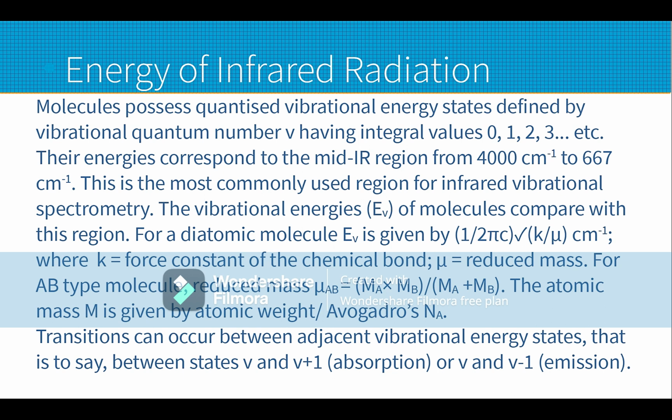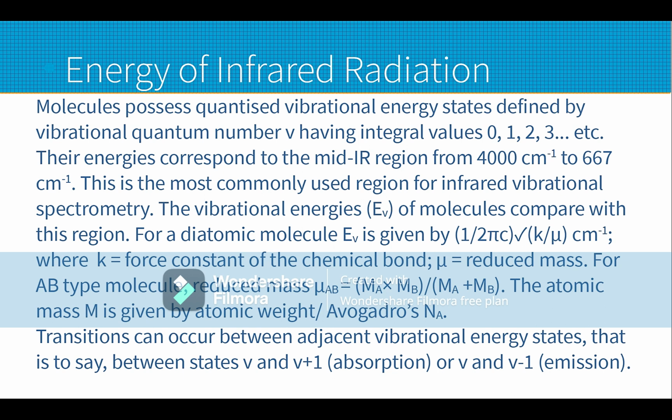For a diatomic molecule, a formulation of Ev is given by 1 over 2 pi c multiplied by under root k by mu. What are these symbols? Let me tell. Mu is reduced mass, as well known. Suppose we have a diatomic molecule AB.